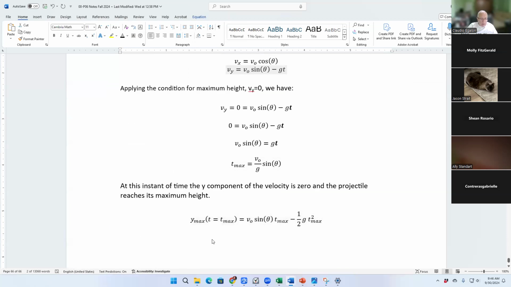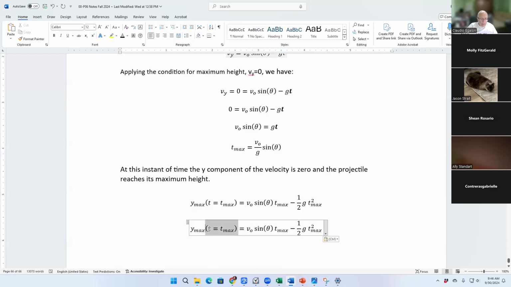I'm going to take away the t functional dependence. And I will place this guy right in here, and I'll place this one right in here. And let's square it. Okay?